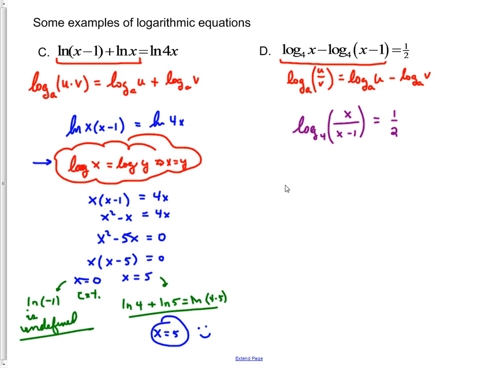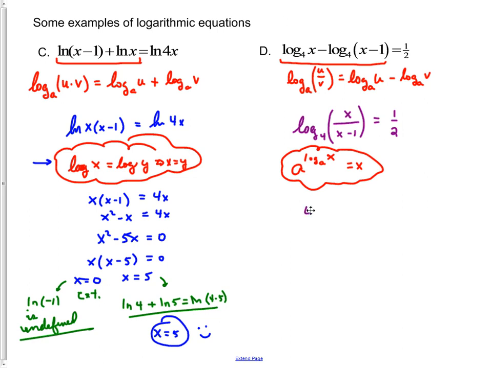But we can use our inverse property, the one that states that if we have a to the logarithm base a of x, we get x, right? So that we can use the inverse property right here of this logarithm, which is our base 4.